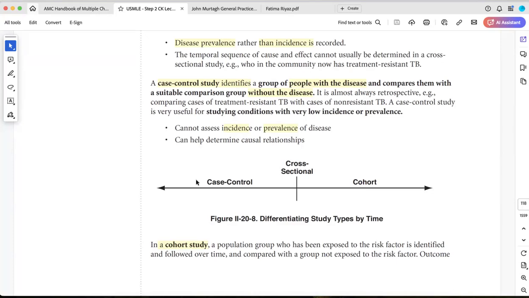Let's say we have a patient who has got a very rare cancer, and we want to know whether this patient was exposed to any asbestos or any carcinogenic agent when he was working.